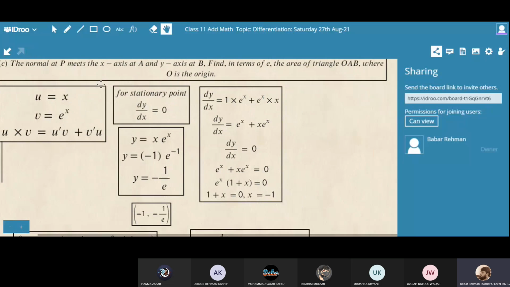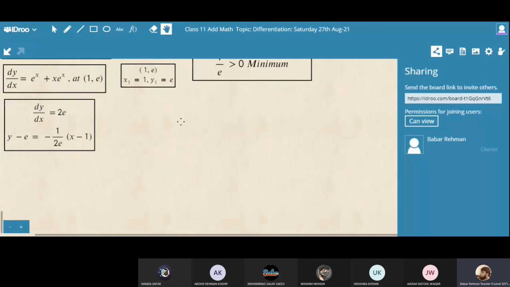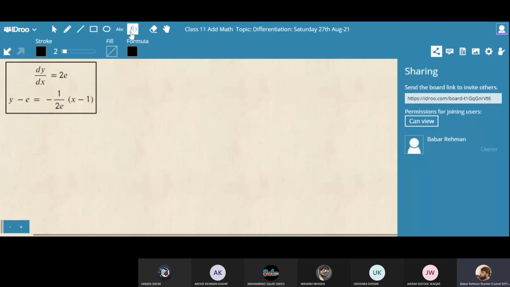The normal at P meets, now we have the equation of normal, this is going to meet the x-axis and y-axis at A and B. Now this equation is going to meet the x-axis. Students, can you tell me at the x-axis what are the coordinates? At the x-axis, x is x and y is 0.